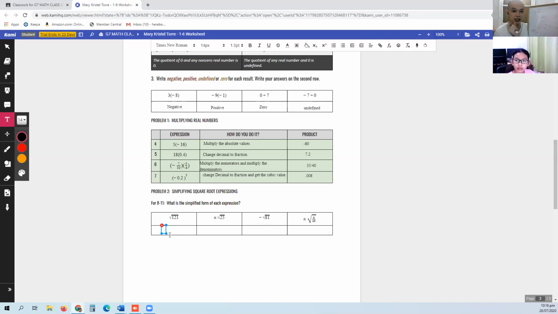So you write 11 there. 11. Yes. Okay, now, what do you think is the answer for the square root of 25? Square root of 25.